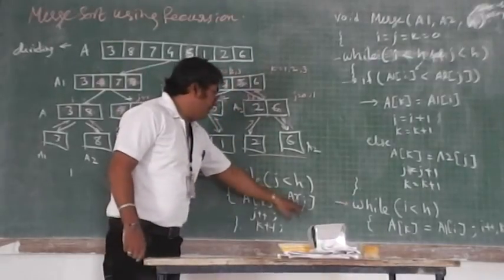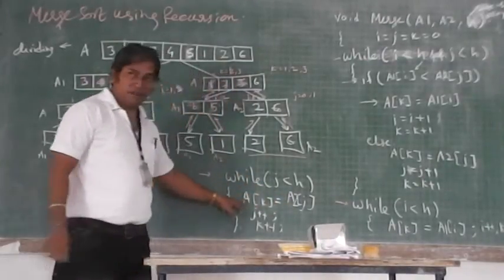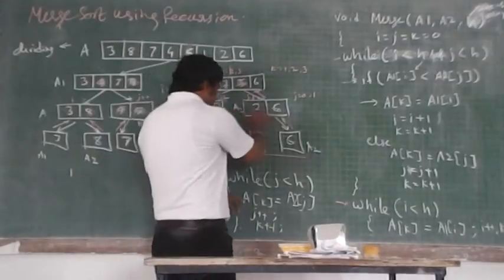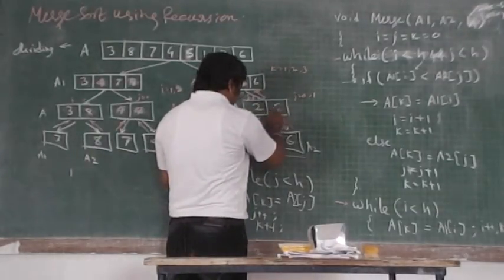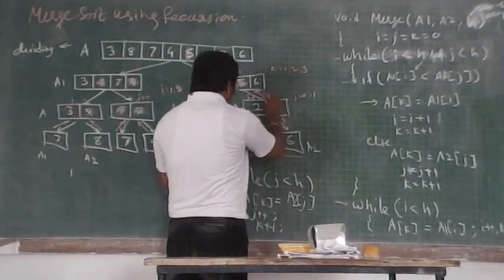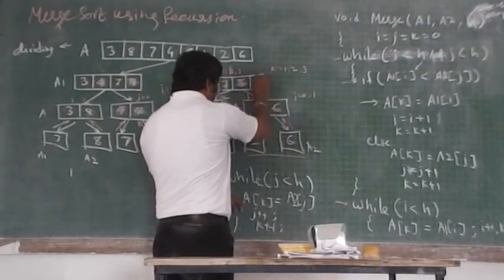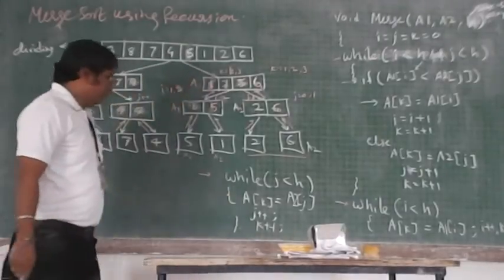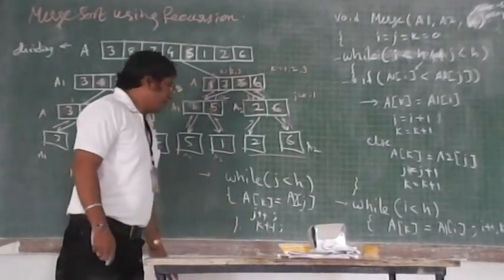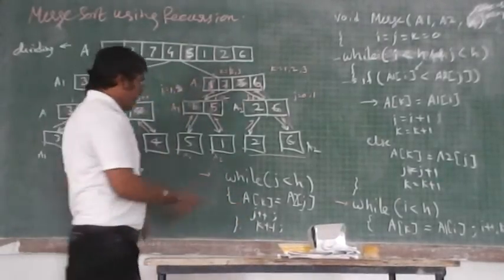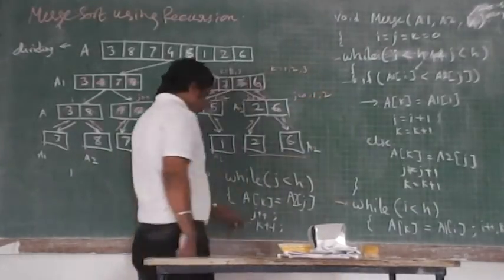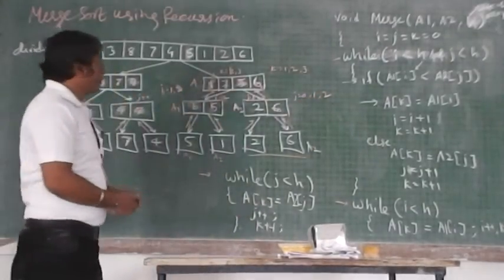So A2[1] is moved to where? A3. So 6 will move to here. I increment J, I increment K. J increments to 2, K increments to 4.